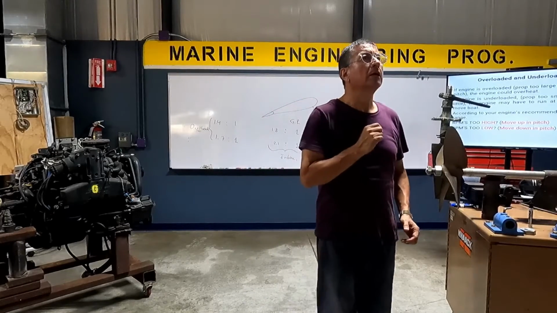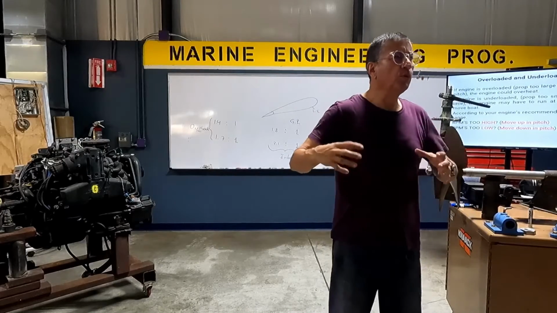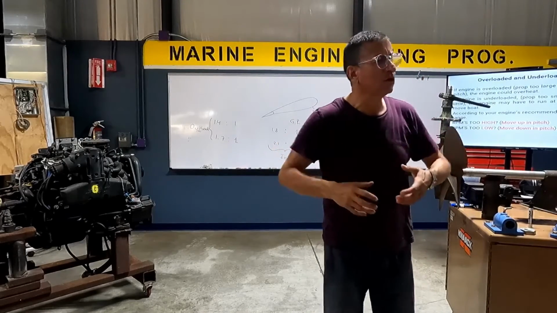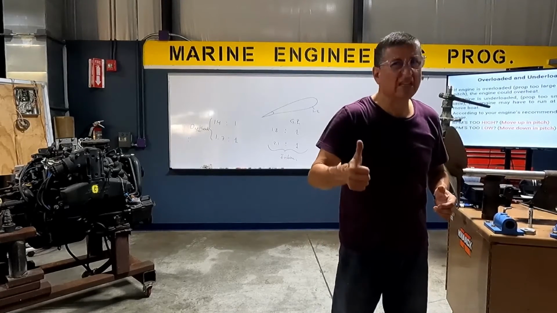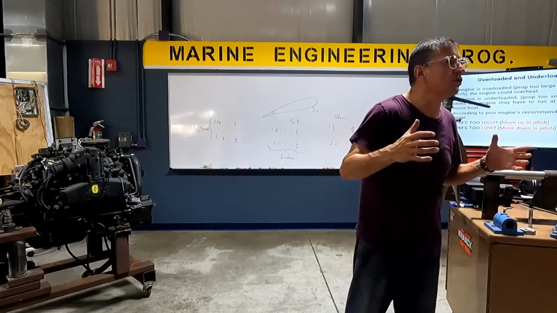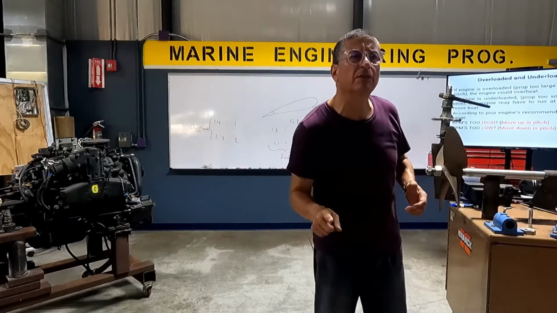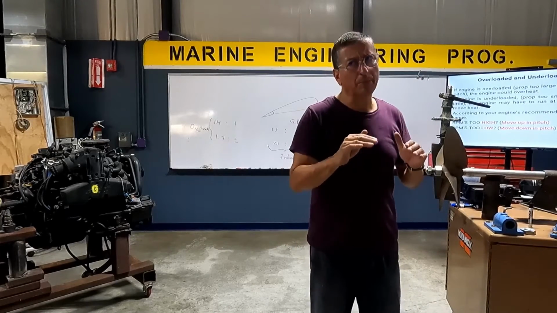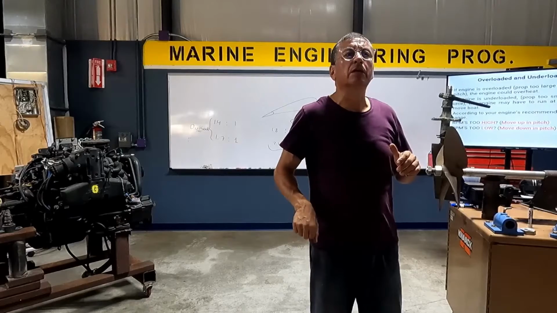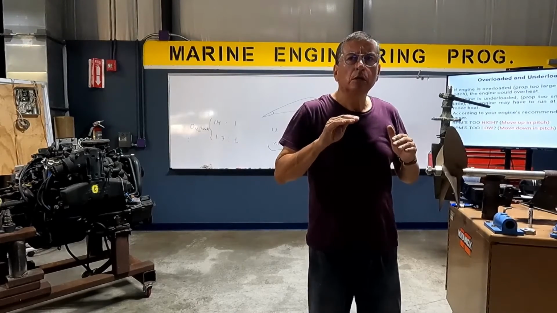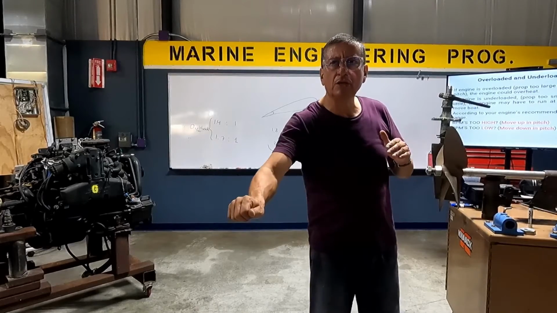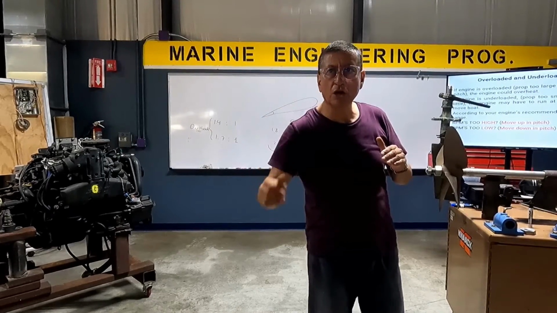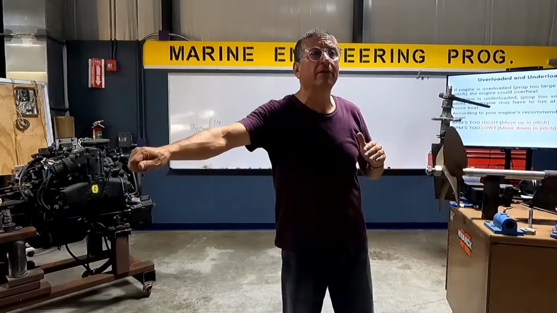The output torque in first gear is the maximum. And the RPMs in first gear? Low RPMs. What about second gear? The torque reduces and the RPMs increase. Third? Less torque, higher RPM.